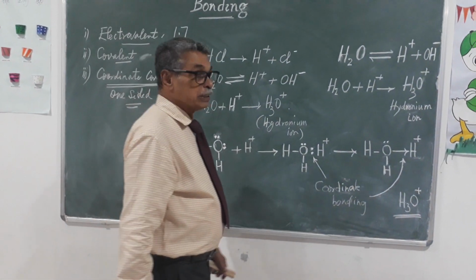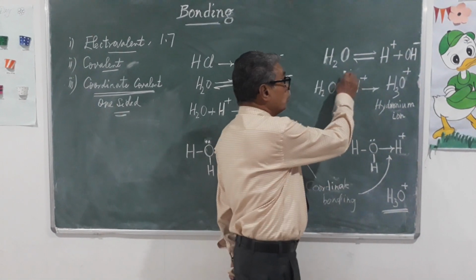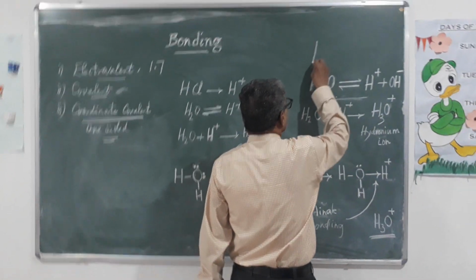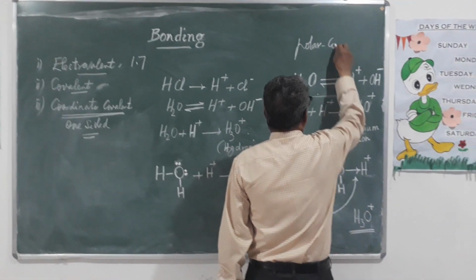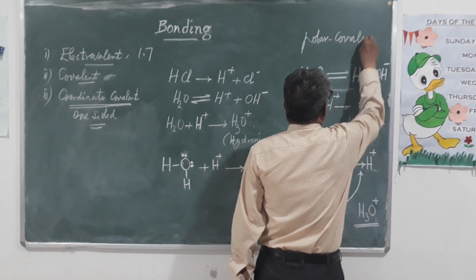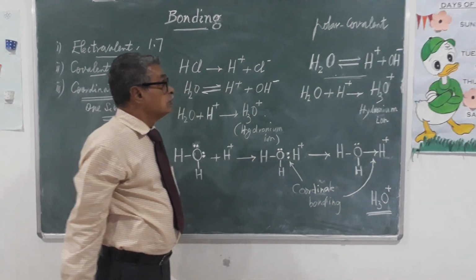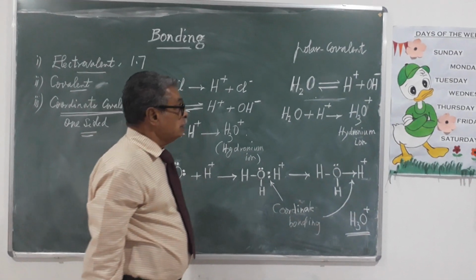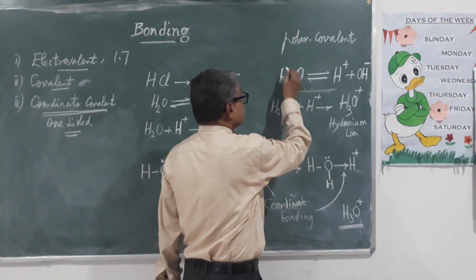Take for example water. Water is a polar covalent compound. It is having slight polarity.